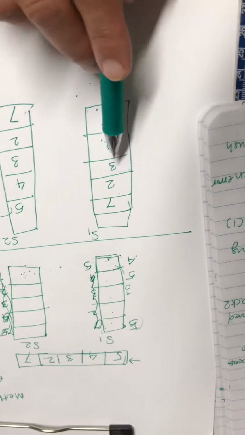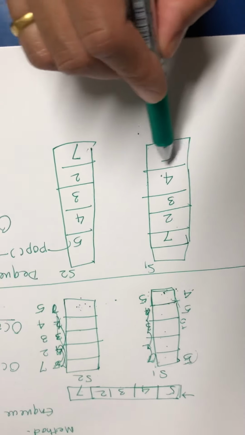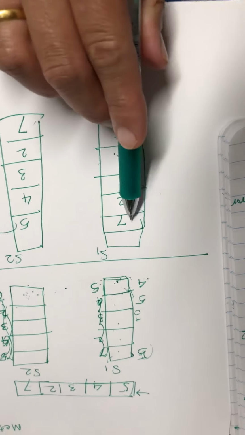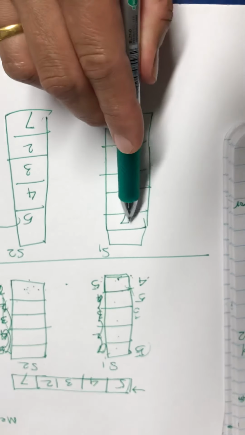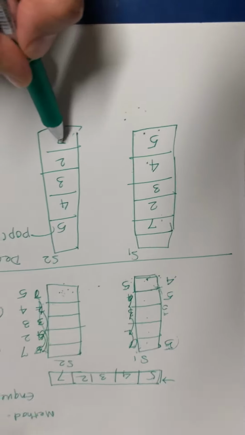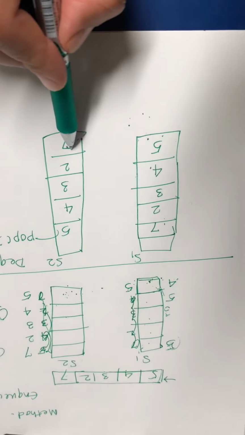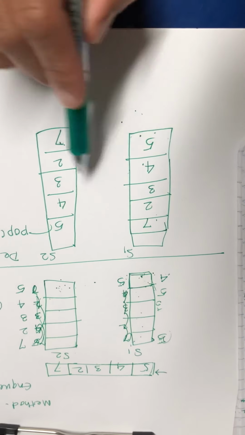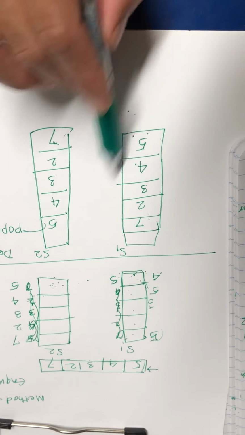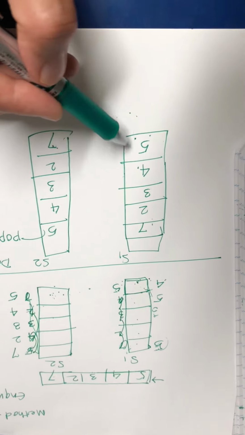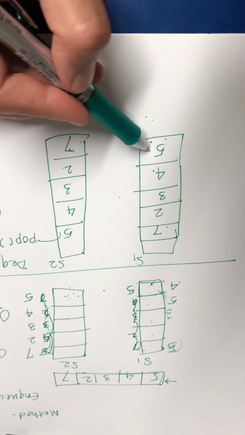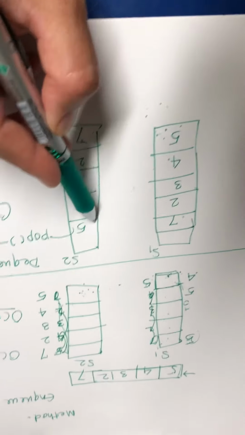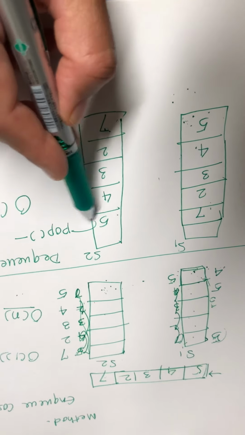So in the DQ operation, all the elements are popped out from stack S1 and pushed to stack S2. They will be pushed in this order: 7, 2, then 3, then 4, and then 5. So 5 was the first element entered in this stack, but now it is the last element entered in this second stack.